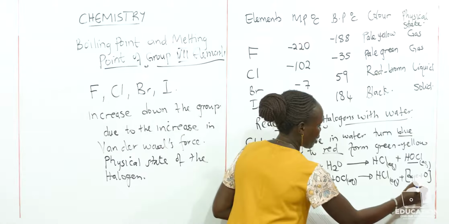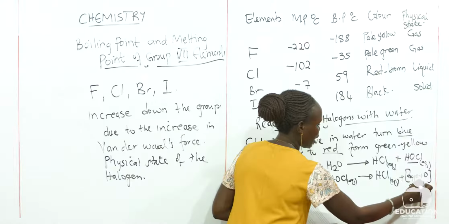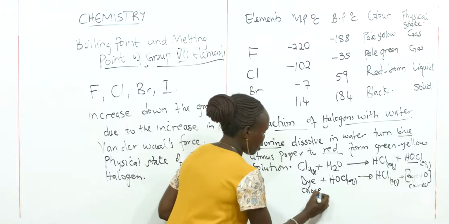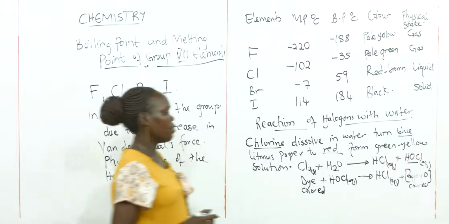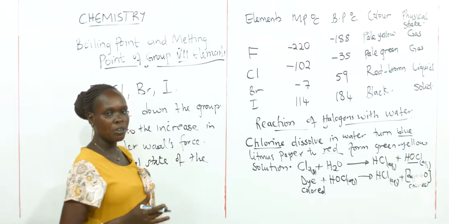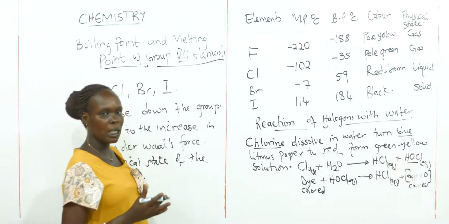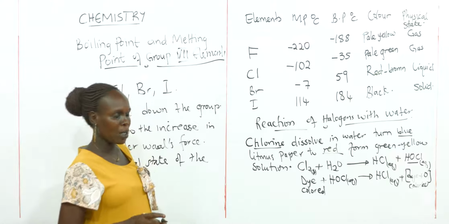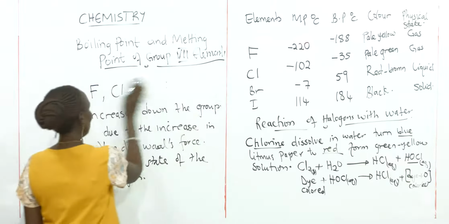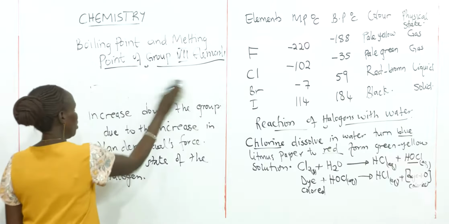So we have this become colorless because it has been bleached, this one is a colored one, the dye is colored, while when it is affected with one of the chlorine products, it returns to colorless. So it means here it has been bleached from that colored substance to a colorless one. So this is actually the property of chlorine molecules or chlorine gas.